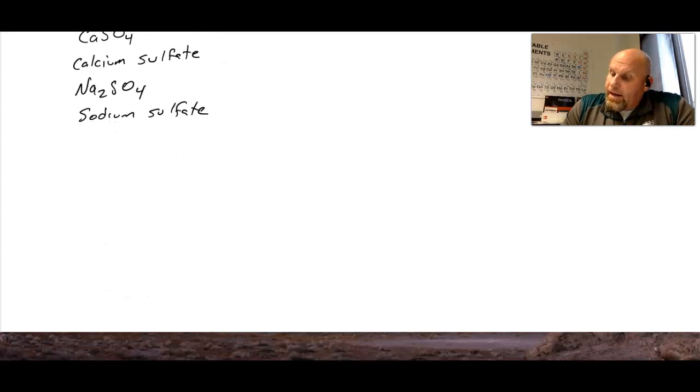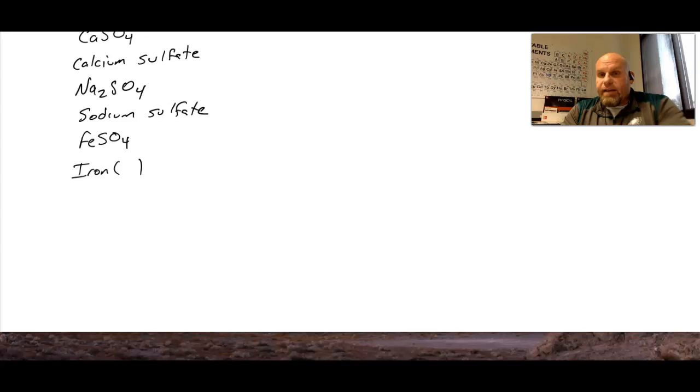If I had this formula, I need a Roman numeral when naming this iron. So again, I need to think for a second, what is the charge of iron in this particular example? Sometimes I will see people put 4 because they're so used to just looking to the other side of the anion to see what number is sitting there.